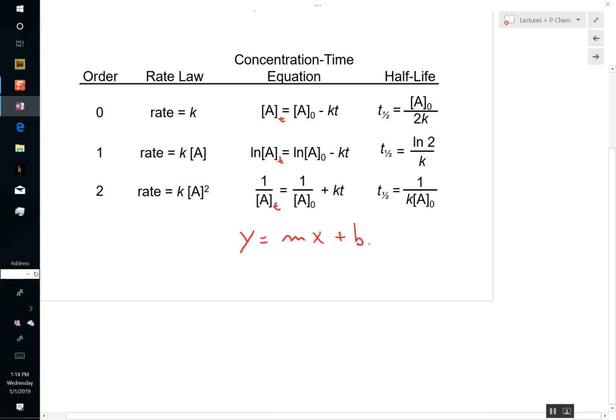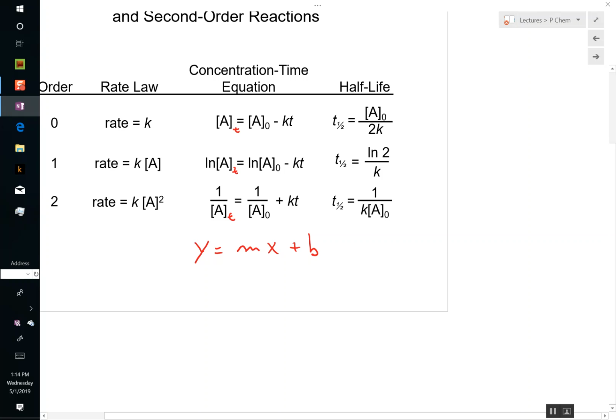Think of that arrangement for a second. Let's rearrange these. Let's look at it over here. If we just rearrange that equation, we have A_t equals negative kt plus the initial concentration.